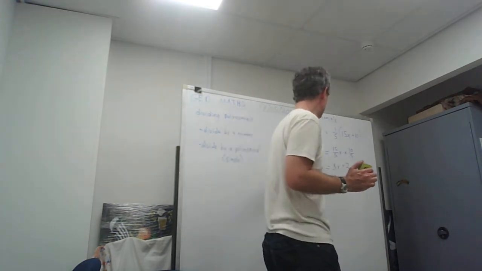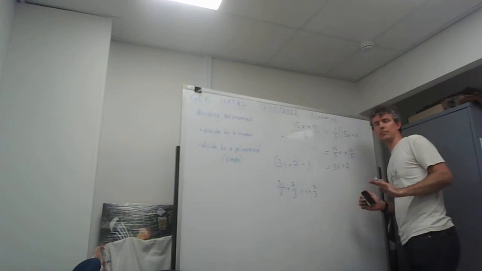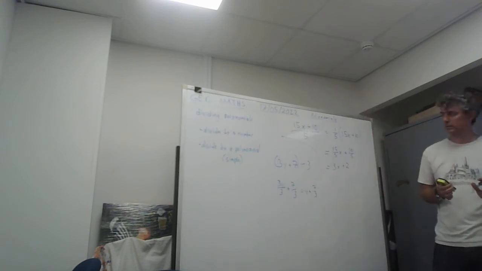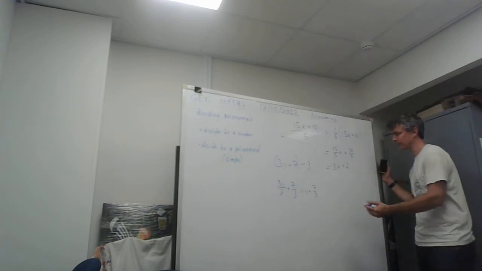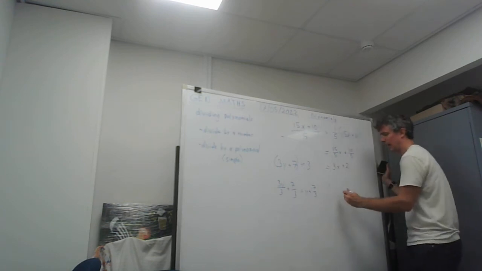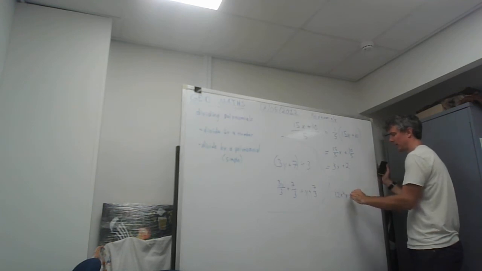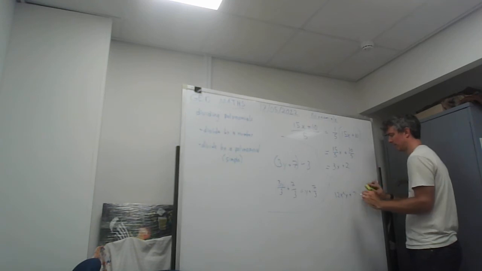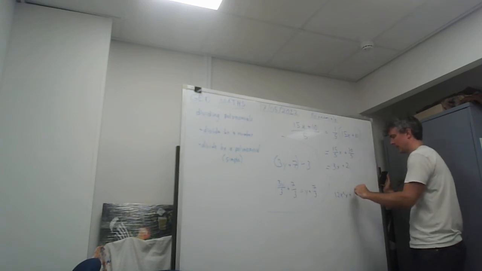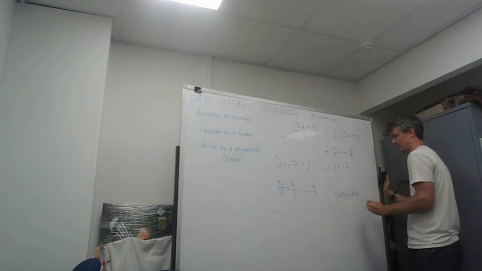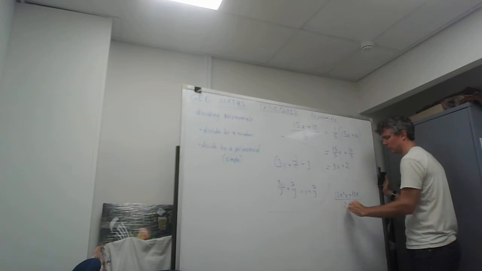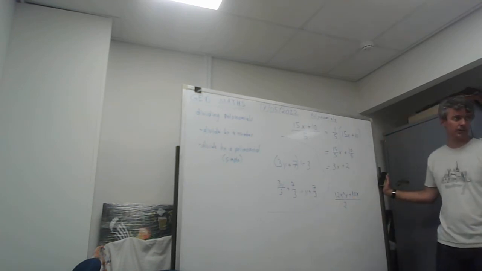So this is very similar to multiplying by a monomial. Let's do another one. Say we have 12x squared y plus 10x, and we're dividing the whole thing by 2.